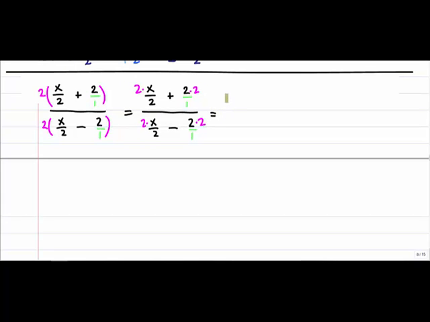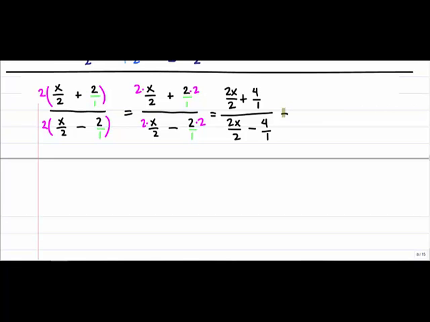And so I would end up with 2x over 2, or simply x, right? Plus 4 over 1 divided by, again, you could cancel that, or you could think of that as 2x over 2 minus 4 over 1.